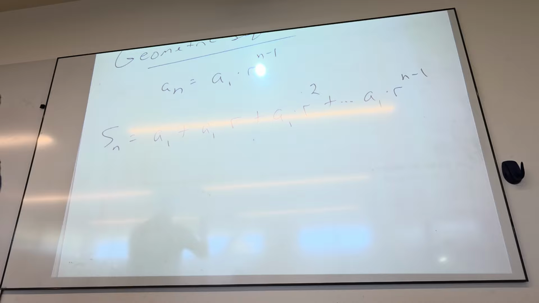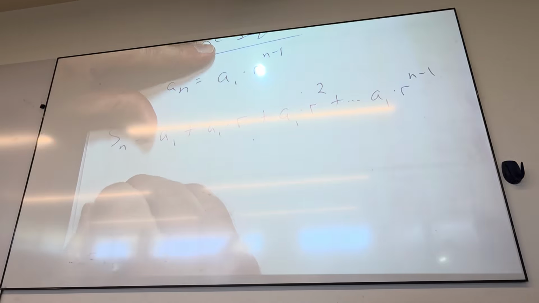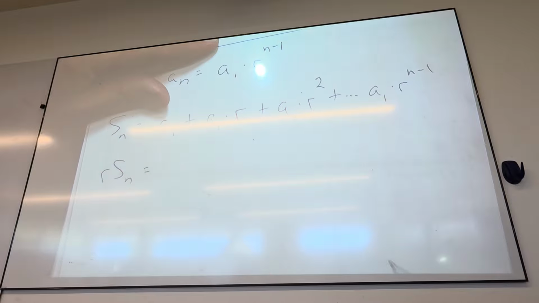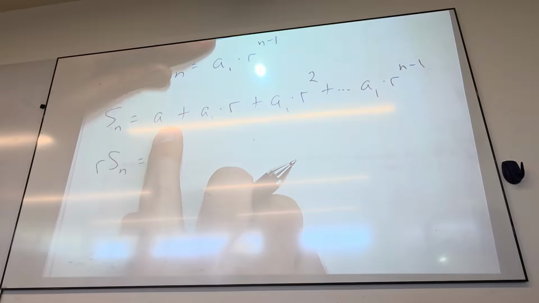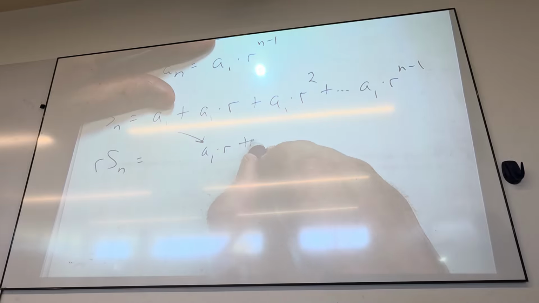Okay, this is one of the coolest things. See if you guys agree. What do I get if I multiply this whole thing by r? Multiply each piece by r, what do you get? So that's a1 times r, yes?